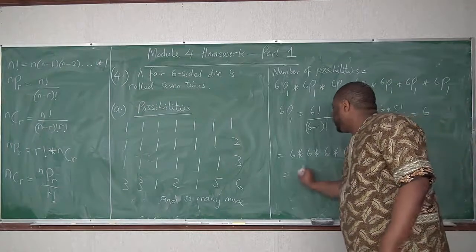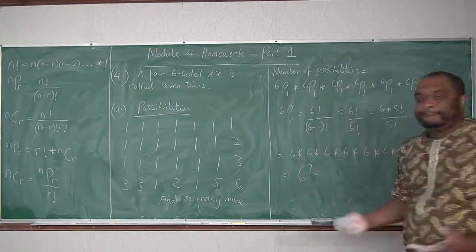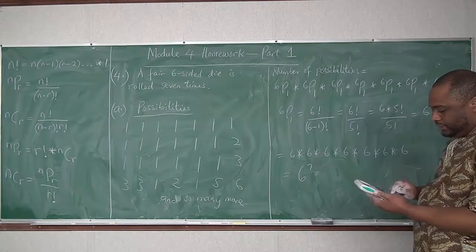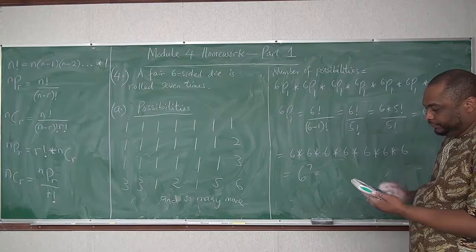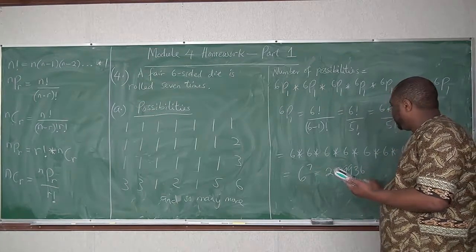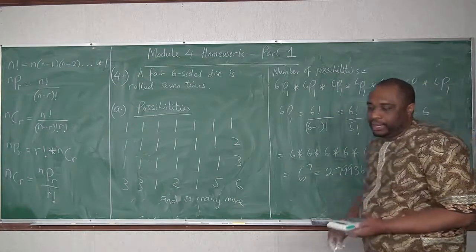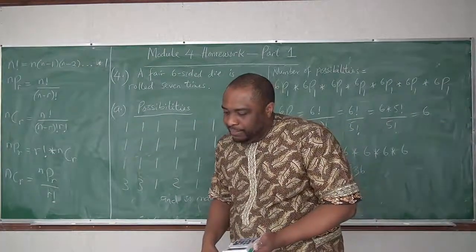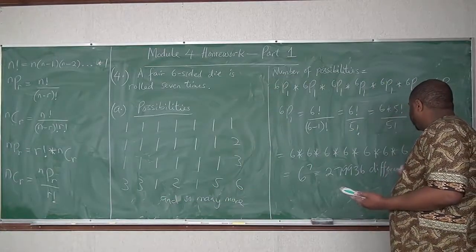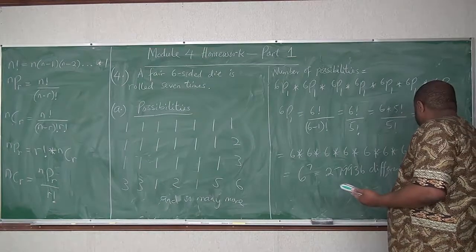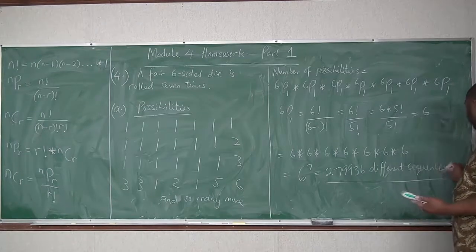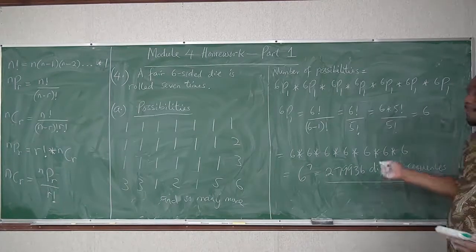So this is like saying 6 raised to the power 7. The number of possibilities. So you have 6 exponent 7, and that gives you 279936 sequences, right? It says how many different sequences of results. This is what you can get. That is the way you do this.